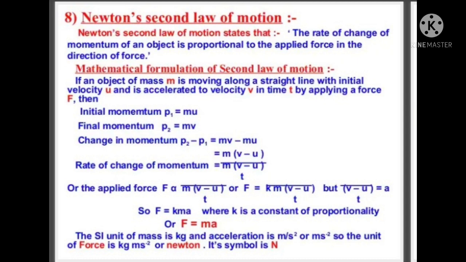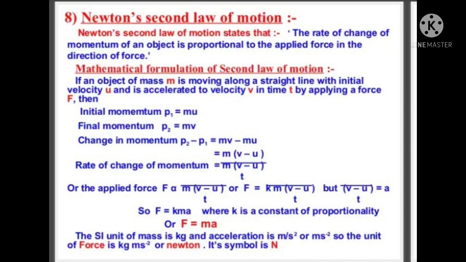But (v minus u) by t is equal to a, acceleration. So F is equal to kma, where k is a constant of proportionality, or F equal to ma. Force is the product of mass and acceleration.